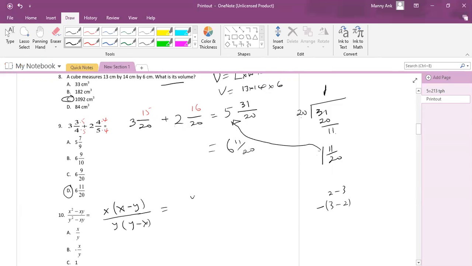I'll write y minus x, but with the negative of that in front of the x. Now they look alike, y minus x and y minus x. Now I can cross out, and I have my answer as negative x over y. So the answer should be B, negative x over y.